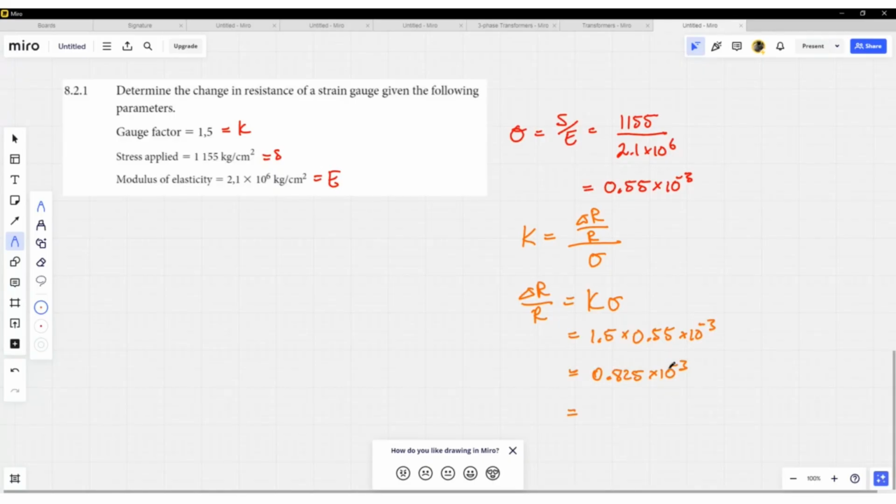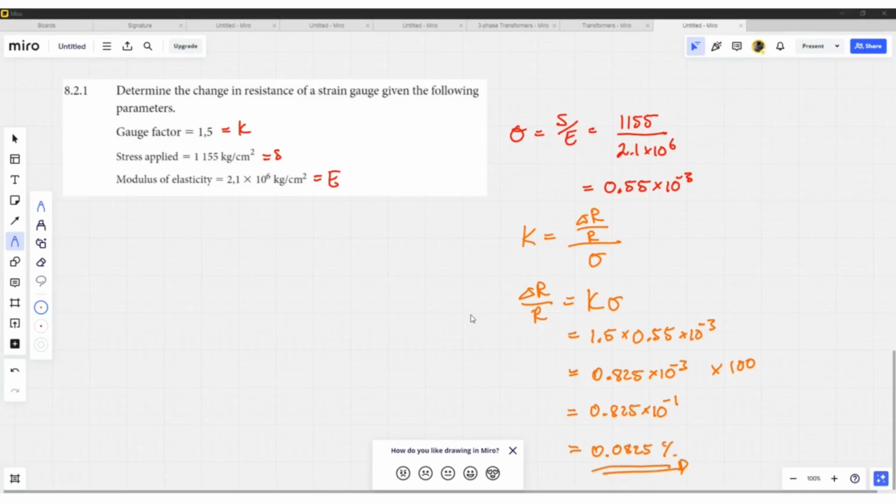I think it's fine. Multiplied by 100, that will become 0.825 times 10 to the minus 1, which is 8.25% change. No, I'm lying. It's 0.0825% change.